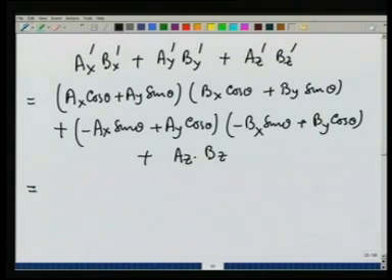This gives you ax times bx cosine square theta plus ay times by sine square theta.